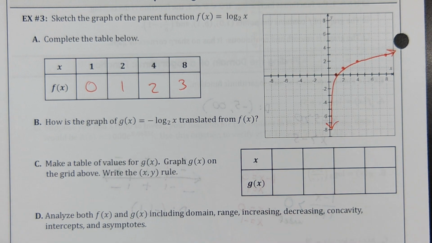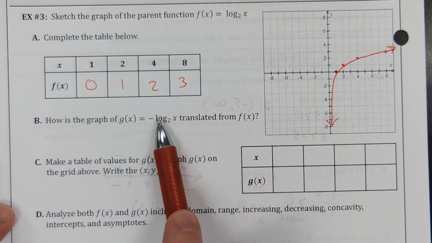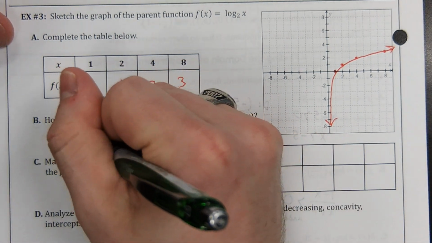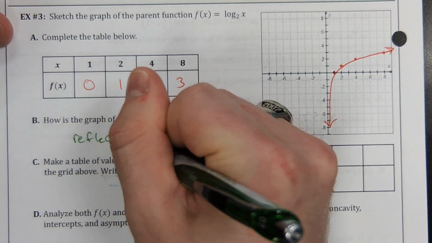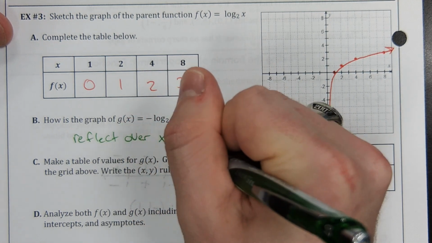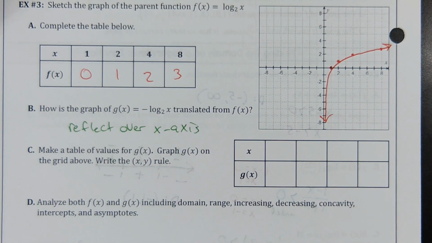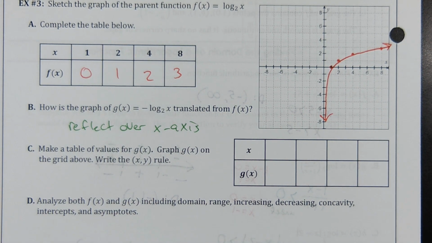So if we put a negative sign on the front of it, what kind of transformation is that when you put a negative on the front of a graph? Reflect over x. This is very redundant, but I'm trying to really drive it home. So if you reflect over the x-axis, are you changing the x's or the y's? The y's. And what are you doing to them?